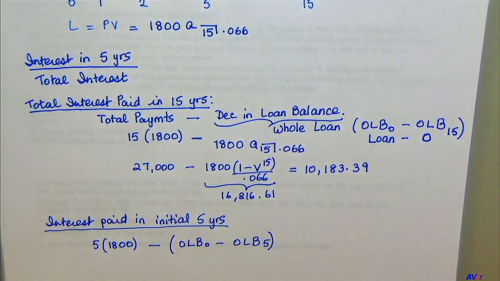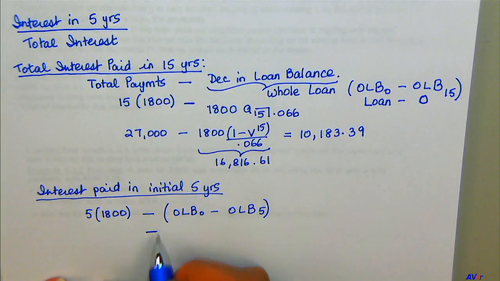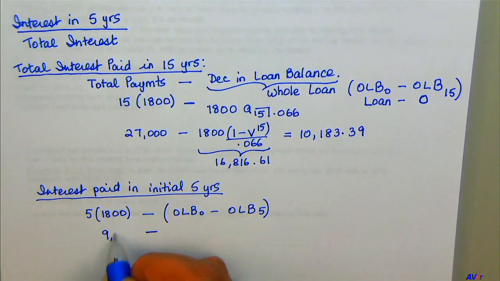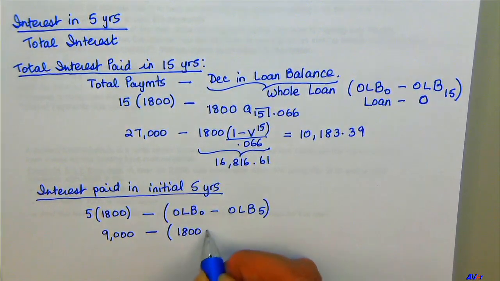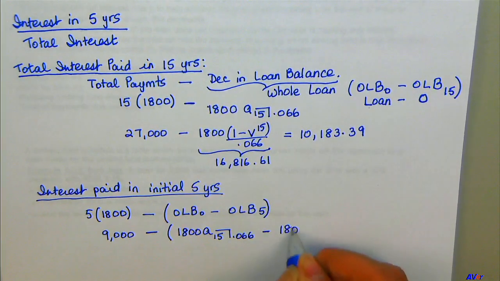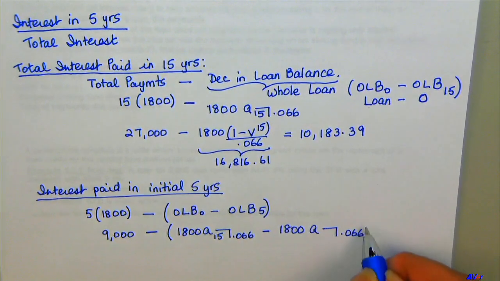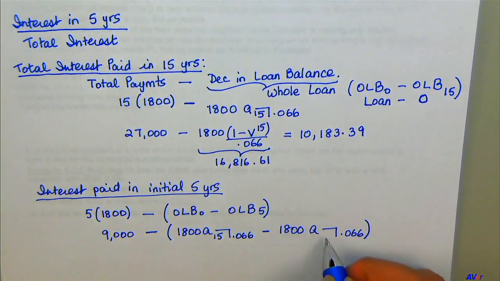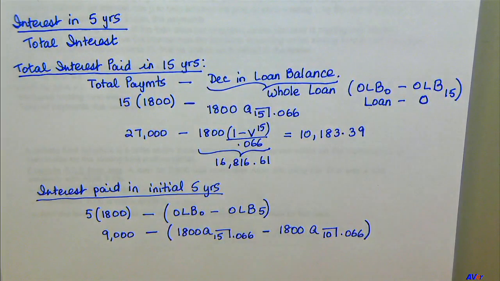So this is 9,000 minus 1800 A angle 15 at 0.066 minus 1800 A angle 10, because when you stand at time 5, you have 10 payments left.